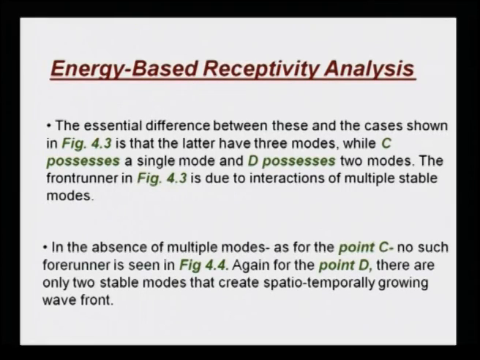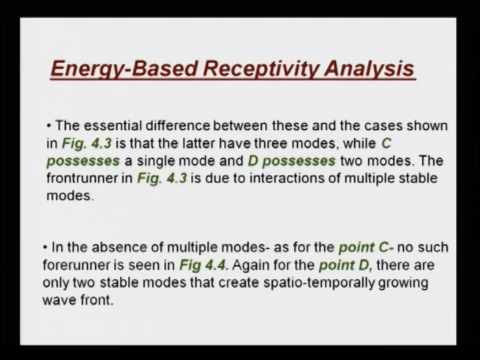Let us now try to summarize what we have seen in these figures. While in the earlier two figures for A and B we had 3 modes, here C possesses a single mode and D possesses 2 modes. The forerunner in figure 4.3 is due to interaction of multiple stable modes.